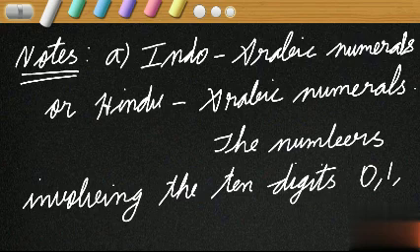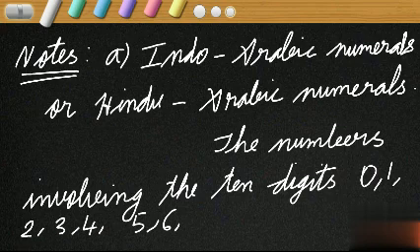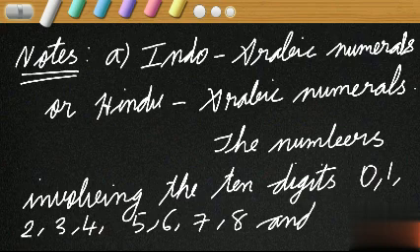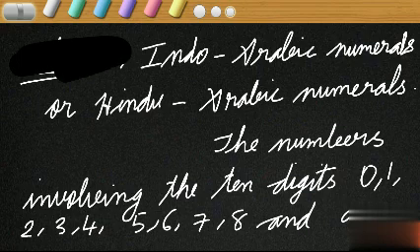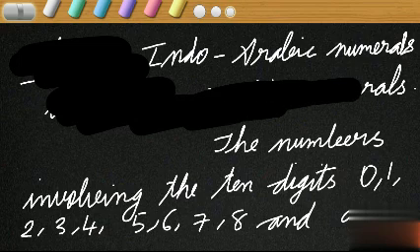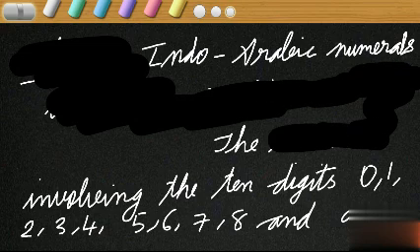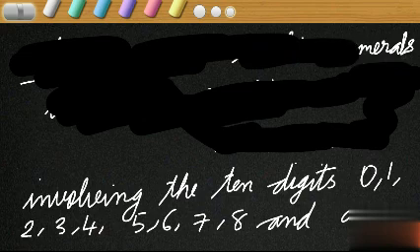0, 1, 2, 3, 4, 5, 6, 7, 8 and 9 are known as Indo-Arabic numerals.